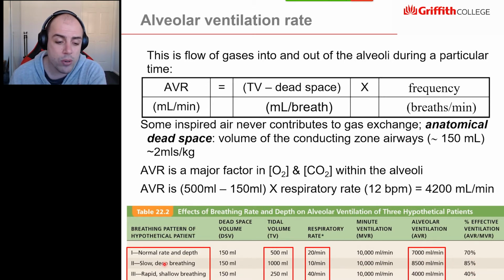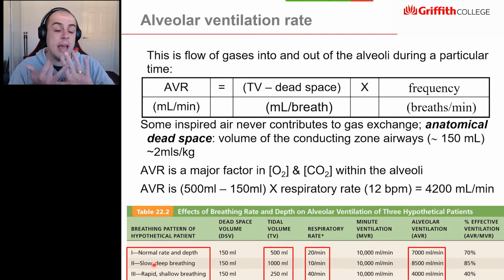This is very important for you all as future nurses, with people who might be emotional and panicking and in pain, doing these rapid, shallow breaths, to try and get them to slow their breathing down and take slow, deep breaths, because it is far more effective in terms of alveolar ventilation.